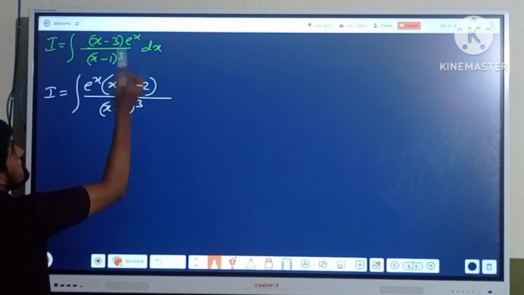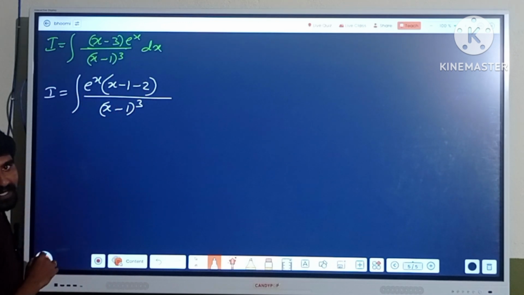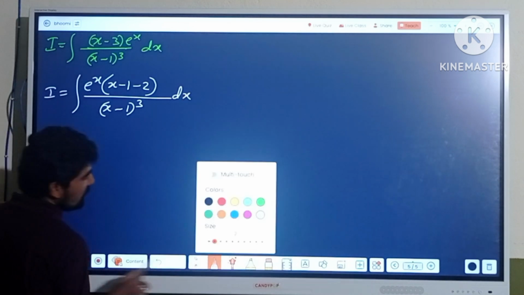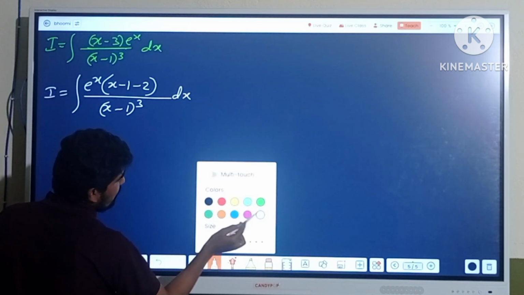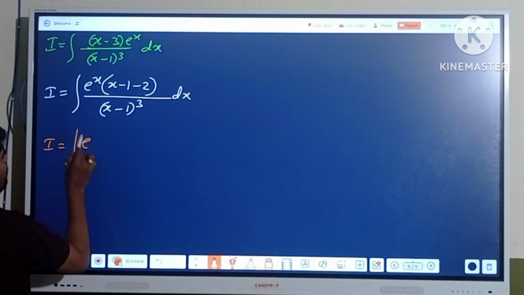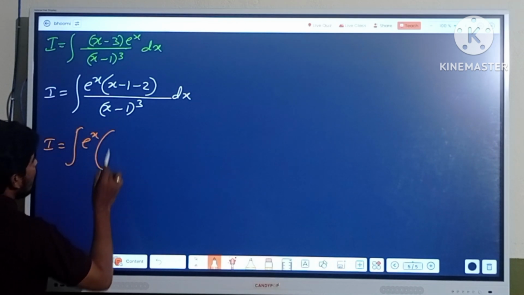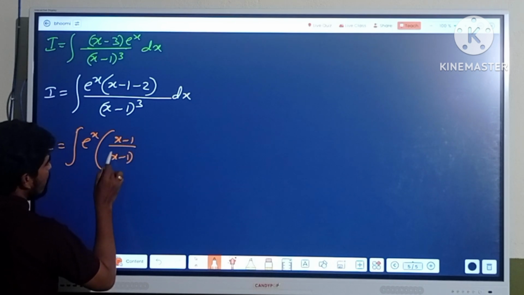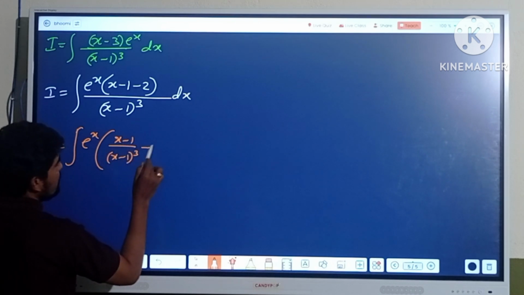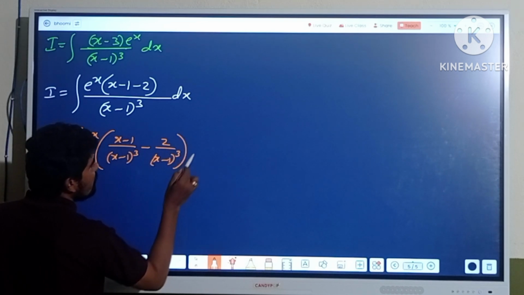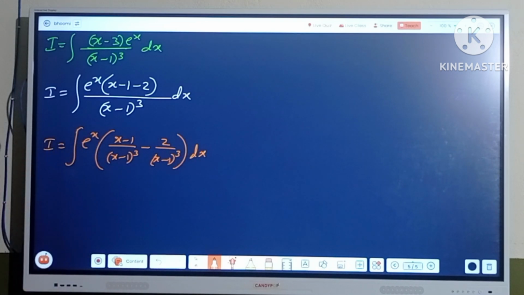So minus 3 is split as minus 1 minus 2 with respect to x. Again same thing, we need to split the numerator. I is equal to the integration of e power x into [(x minus 1) divided by (x minus 1) whole cube minus 2 divided by (x minus 1) whole cube] with respect to x.